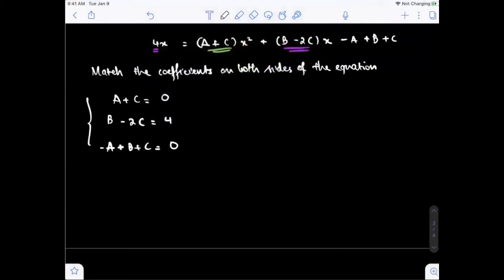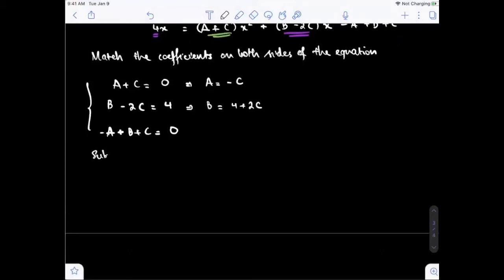So you have a system of 3 equations with 3 unknowns. Let's solve for A, B, and C. Let me solve for A here in terms of C, and in the second equation, let me solve for B in terms of C. From here, I can substitute A and B into the last equation.